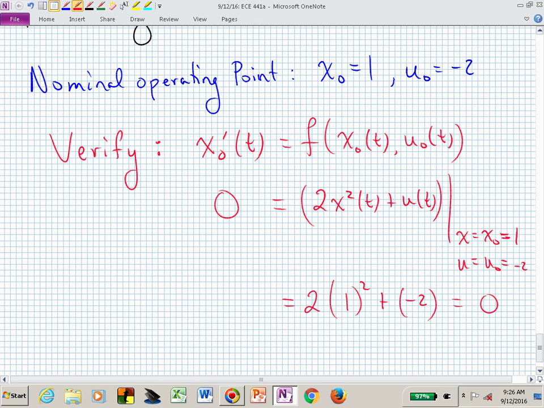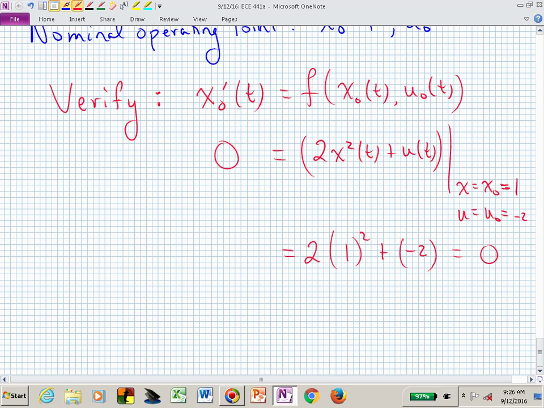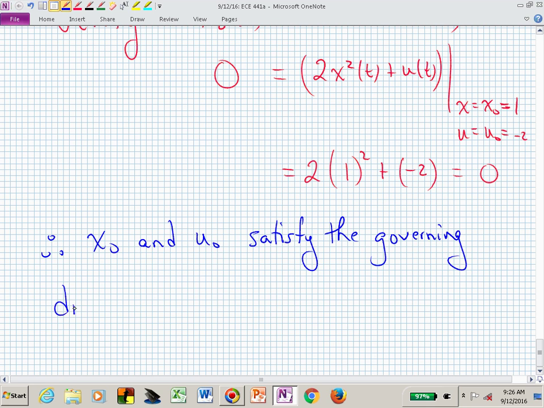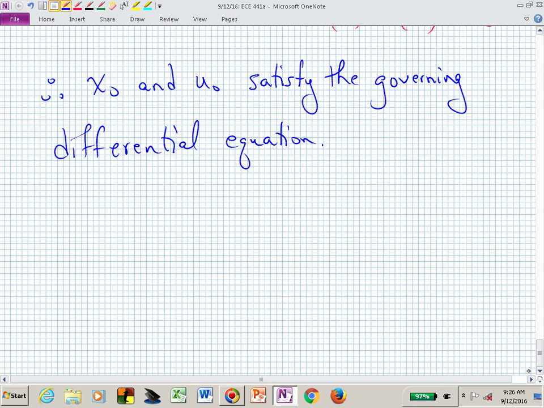That's actually a nominal. What I can conclude then is, therefore, x naught and u naught indeed satisfy the governing differential equation. And before we get too much further, let me establish some notation.